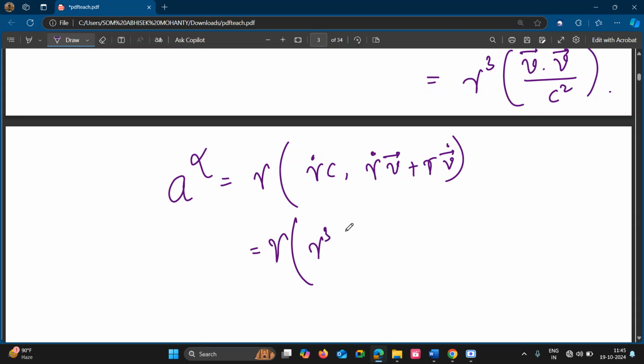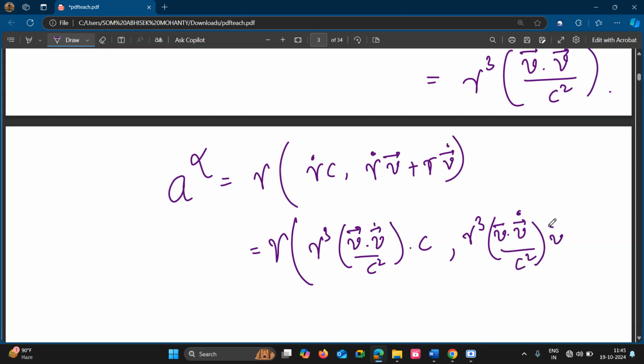So gamma cube v dot v by c square into c, and this is gamma cube v dot v dot divided by c square into v plus gamma into gamma cube, that is gamma fourth, v v dot by c square again v dot.